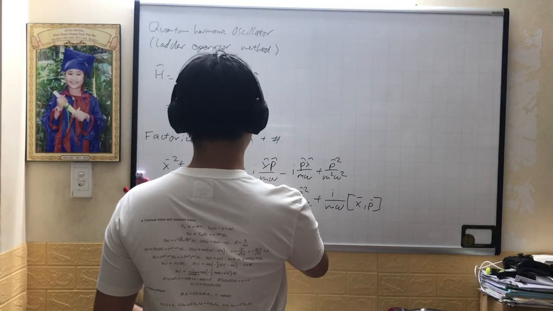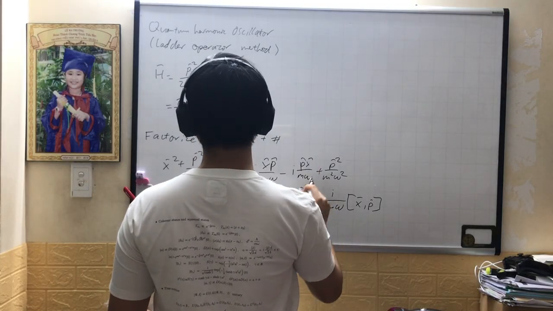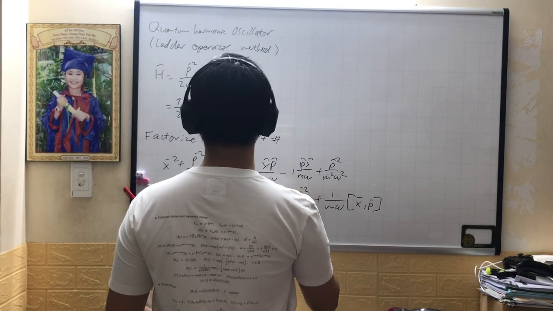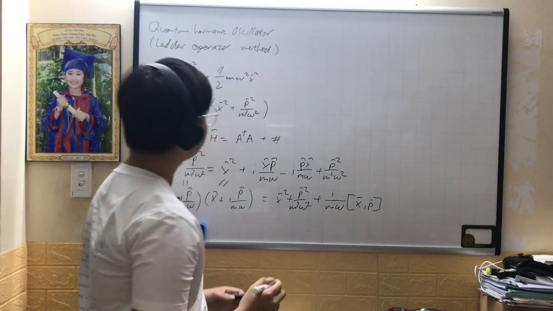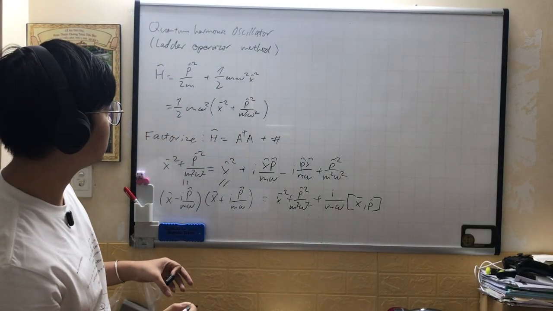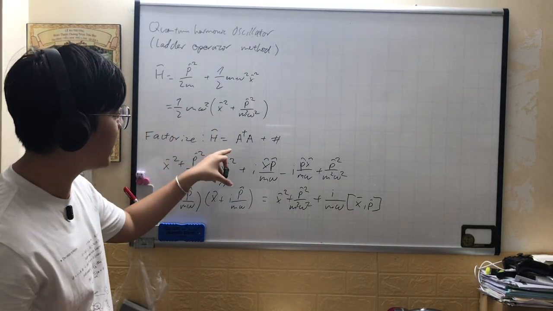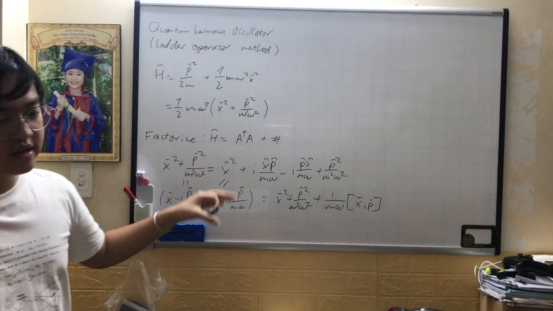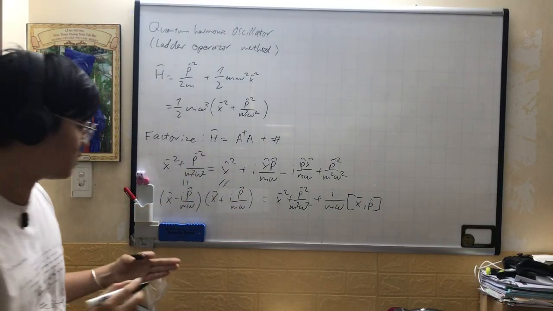So from the Hamiltonian, we're going to put it back. No, before we put it back, let's assign a dagger and a to our terms first.